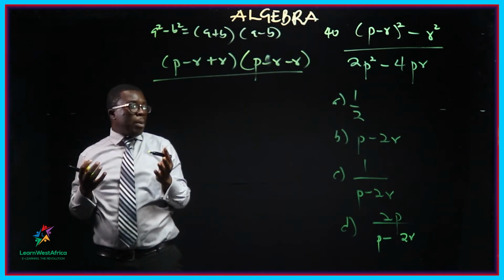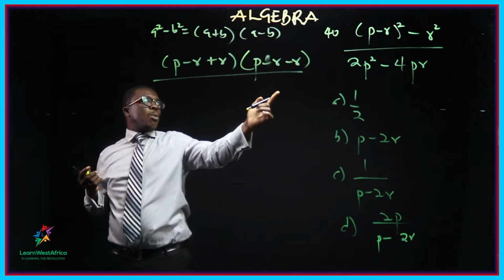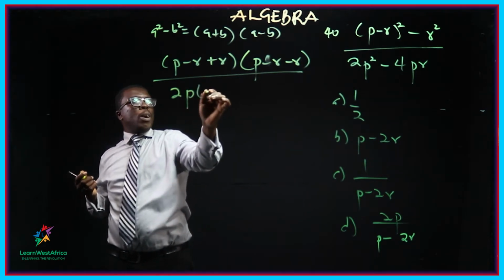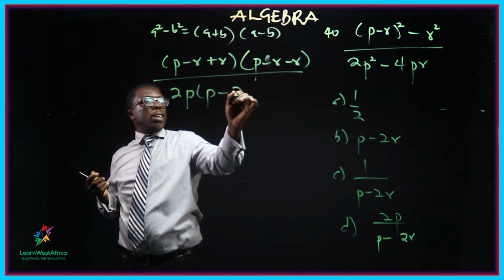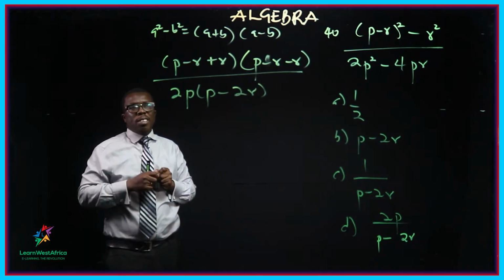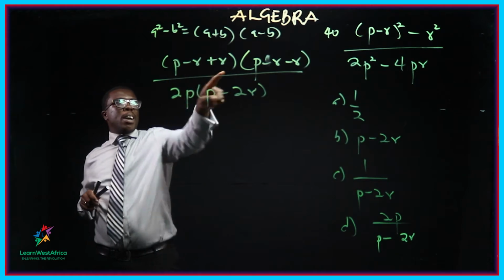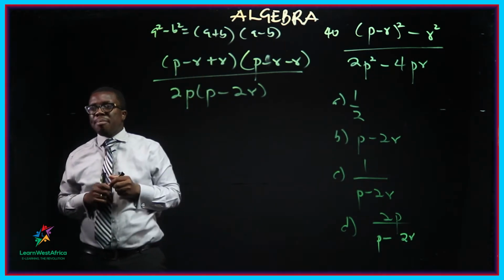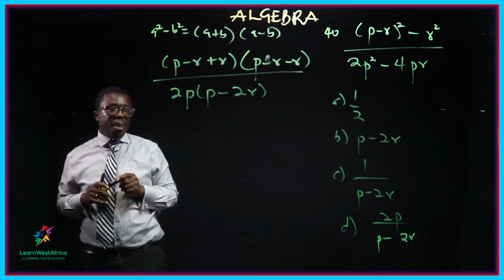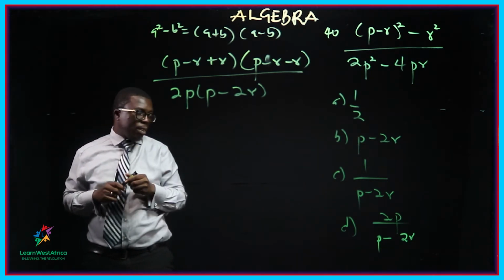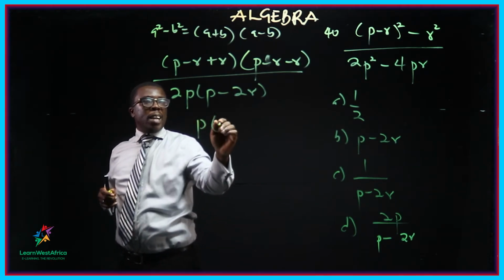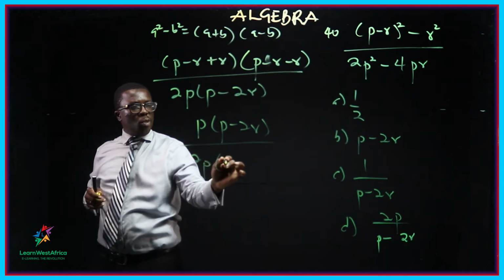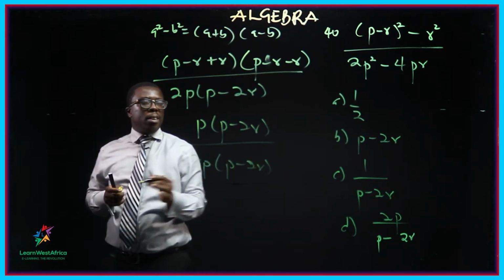For now we maintain it, and then we will factorize it. Taking p as common, we have p in the first bracket, and p minus 2r in the second, since minus r plus r gives you 0. Now the denominator is 2p times the bracket p minus 2r.